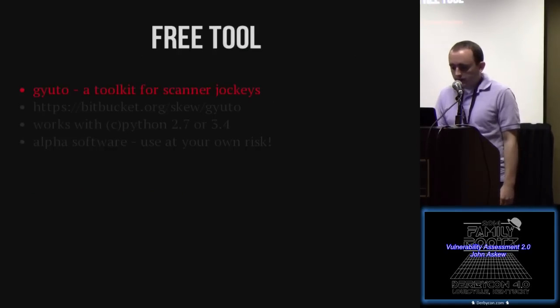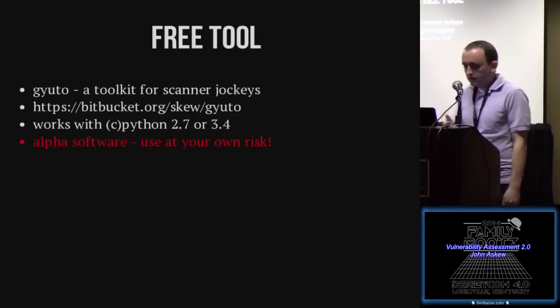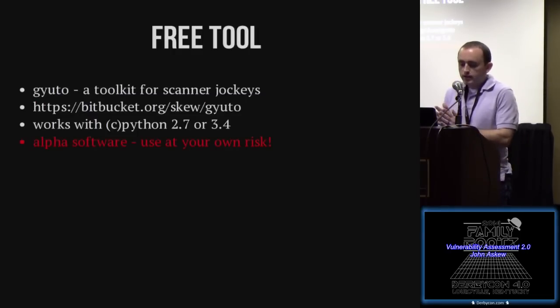I am releasing a tool along with this talk. Guido started out as a set of scripts that I wrote in my spare time that would parse different vulnerability scan results and look for certain types of information. I've brought that all together in a unified toolkit. It's available for download now.